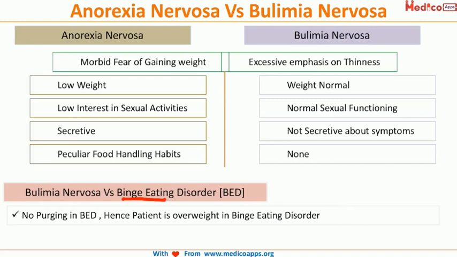Hence the major difference is no purging in binge eating disorder, and the patient is overweight. Someone is eating too much but is not purging. In bulimia nervosa, the patient will generally have normal weight, and in anorexia nervosa, the patient will have reduced weight with features secondary to starvation.